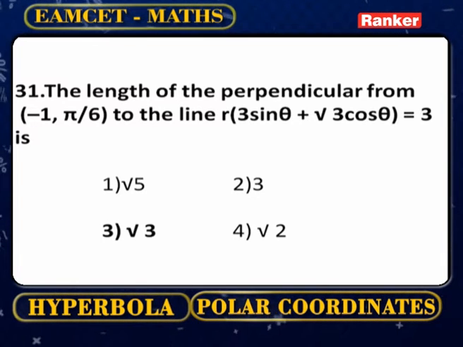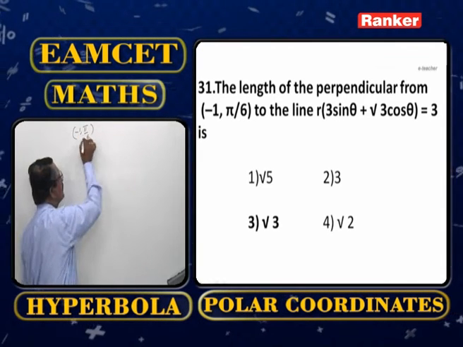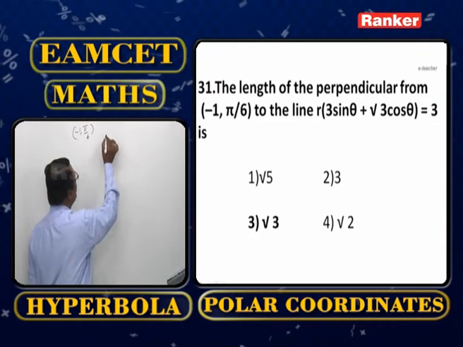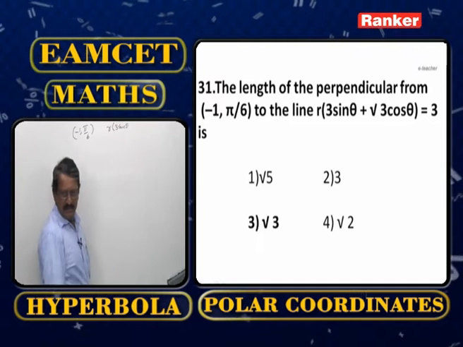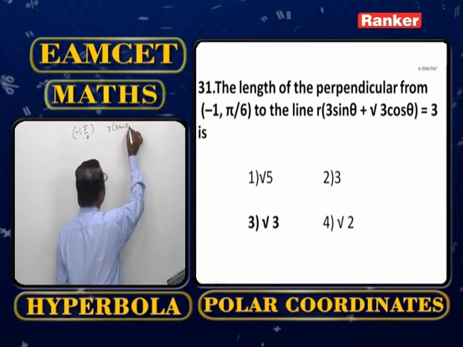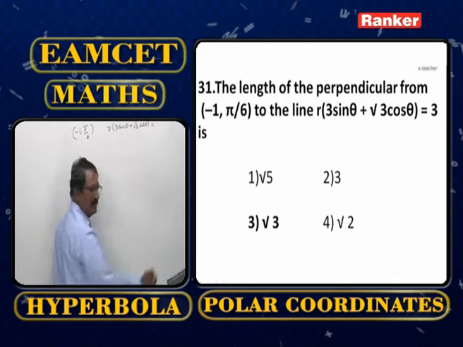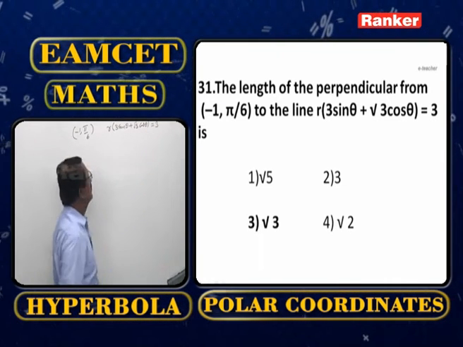The length of the perpendicular from the point (minus 1, pi by 6) to the line r into (3 sin theta plus root 3 cos theta) equals 3 is required.